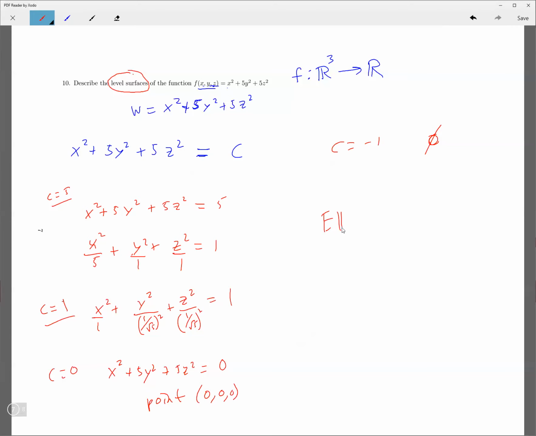Okay, so ellipsoids are what they're going to be like. Well, in exception, one of them is going to be a point, and some of them are non-existent, but in general, it's going to be an ellipsoid. Okay. Wow, we made it through everything.